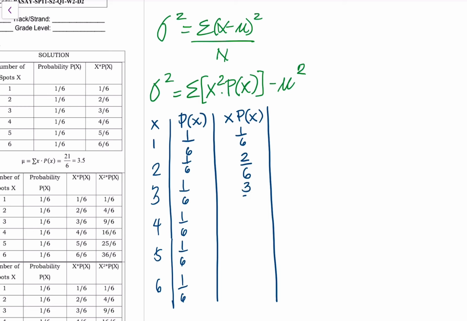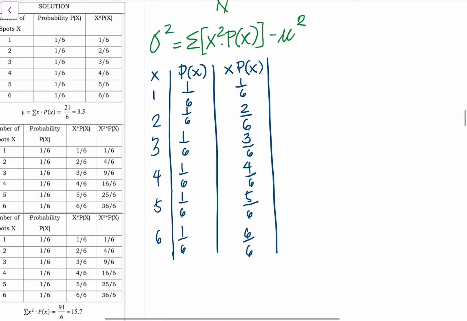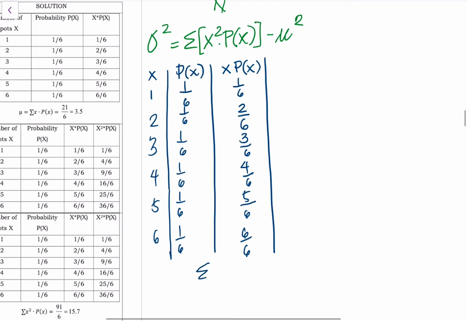We've got 3 over 6, 4 over 6, 5 over 6, and then lastly, 6 over 6. And with this, pag kinuha natin yung summation, if we get the summation of x times p of x, diba?